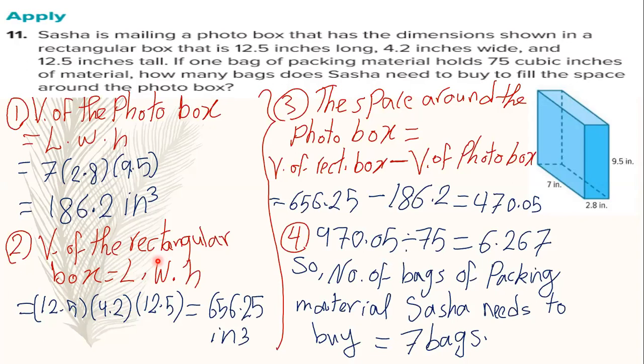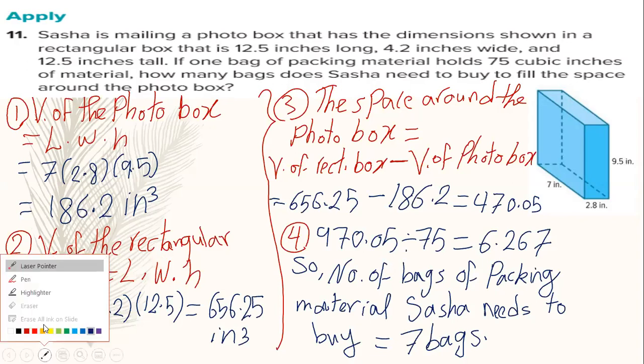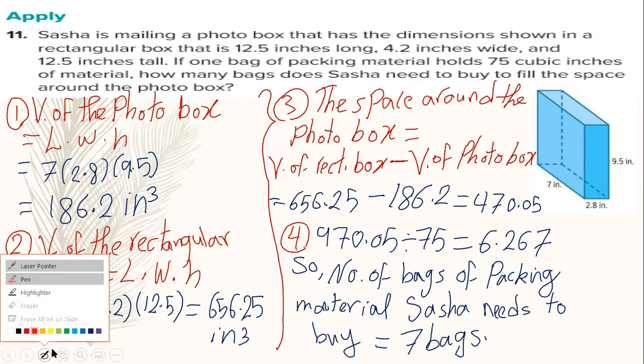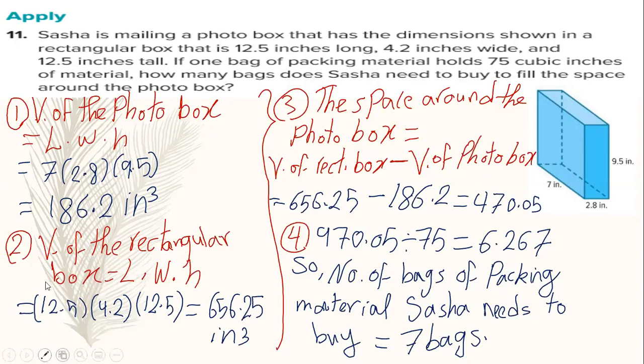Oh, this is a real life multi-step problem. I need to reread it again and figure out what I should do, and begin with the given. Sasha is mailing a photo box that has the dimensions shown. This is the length of the photo box, this is the width, and this is the height of the photo box.